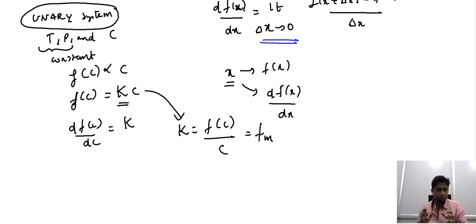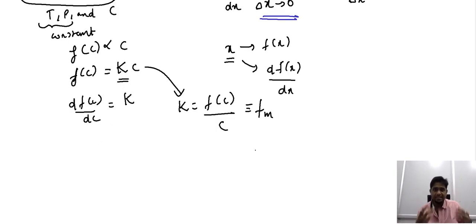This constant of proportionality that relates the function to the independent variable, in this case free energy to the concentration, has two possible expressions. One is the derivative of the function, and the other is just the ratio of the function and the corresponding concentration. So what we ultimately end up having is this constant here, which represents the molar free energy, and this is unique for this case.